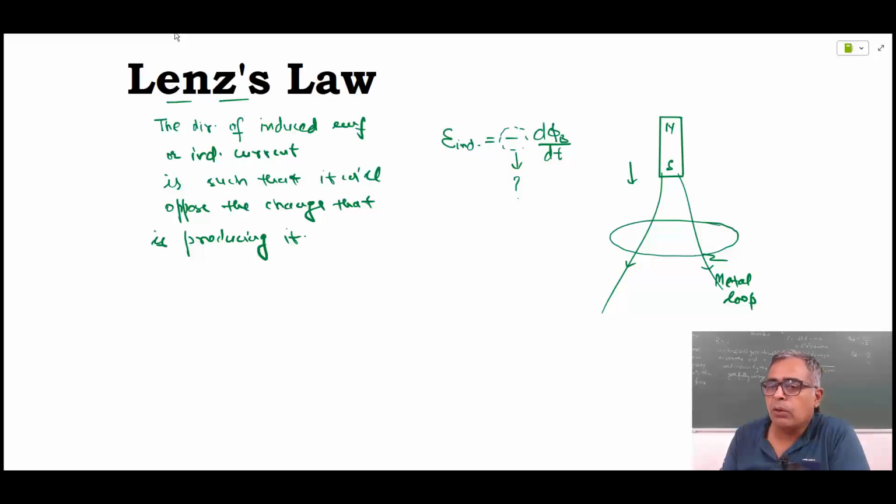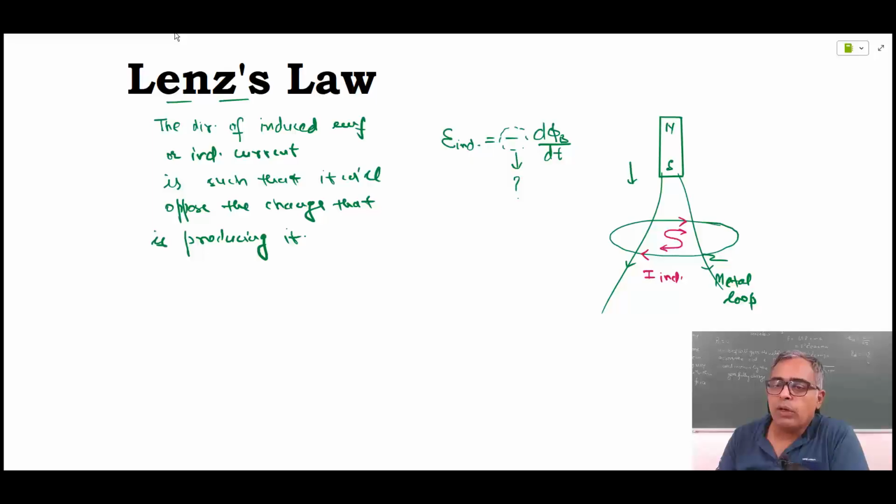By making the top face of this coil a south pole. As I have shown this symbol S with these arrows, the direction of induced current will be clockwise. When the current in the loop is clockwise, the upper face of this coil becomes a south pole, and the two south poles will repel each other.